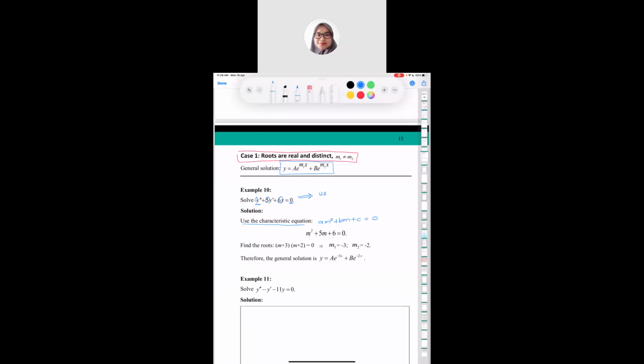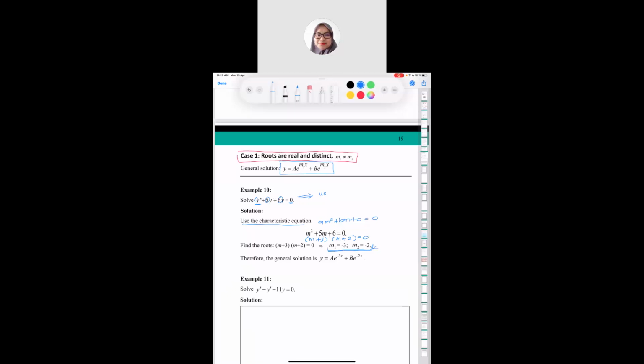Let's say saya factorize, saya akan dapat (m plus 3)(m plus 2). So I know that m1 equal to negative 3, m2 equal to negative 2. Daripada factorization ni saya boleh dapat the roots.